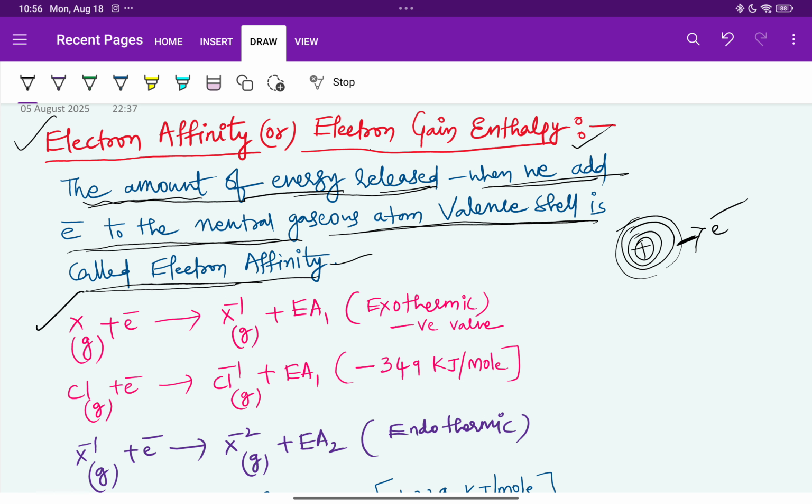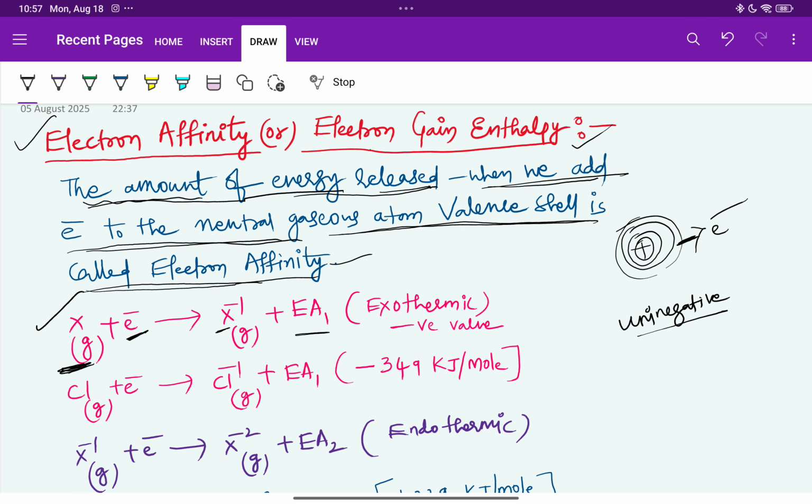So here X is the neutral gaseous atom. I am adding one electron to the neutral gaseous atom X. Then X becomes X minus 1, which means a uni-negative ion.